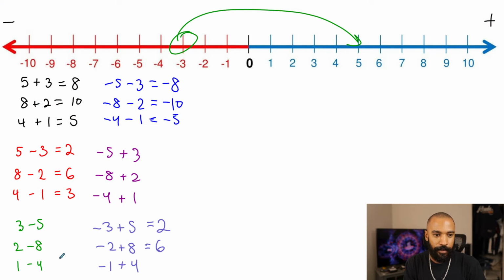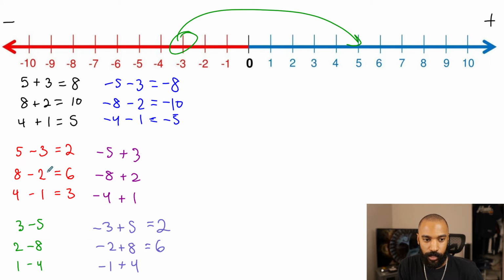If I start here and I go left 3 and then right 5, I'm only 2 away. That's where you get an answer of 2. That's not even as far as just starting here and going right 5. So I've hit a difference between my 2 numbers. So when you run into a problem that involves, once again, a negative and a positive of any sort, we're going to look at it with these 2 as well.